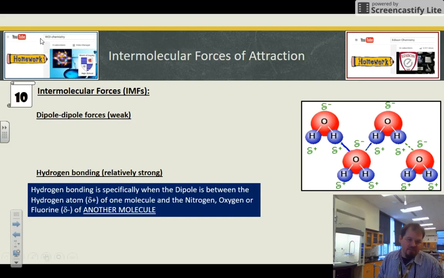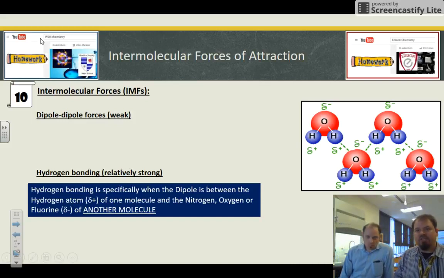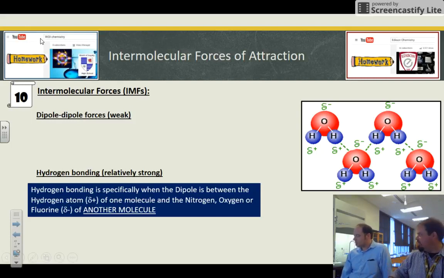These specific conditions need to be met for it to be considered what we call hydrogen bonding. Now, this is an intermolecular force that is so strong that it will increase the boiling point.